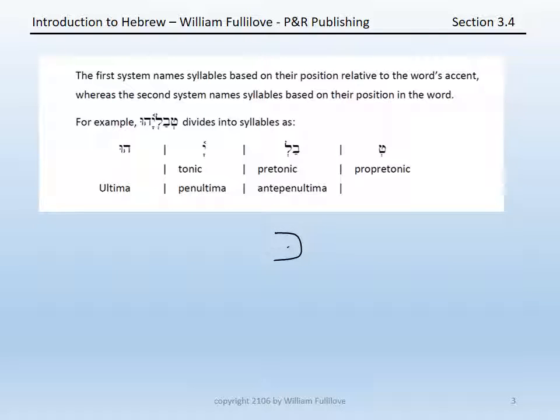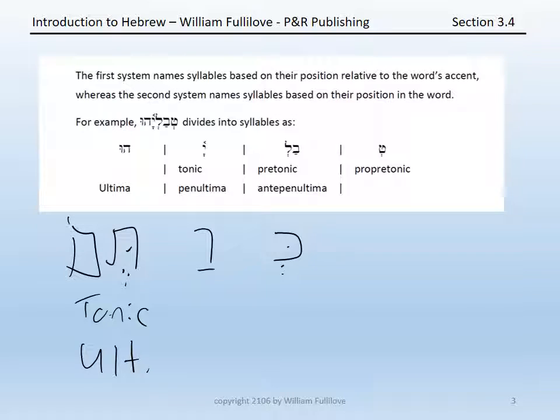For instance, again, tim. Tim is both the tonic syllable and the ultima. Ra is then pretonic and penultima, and k is propretonic and antepenultima.